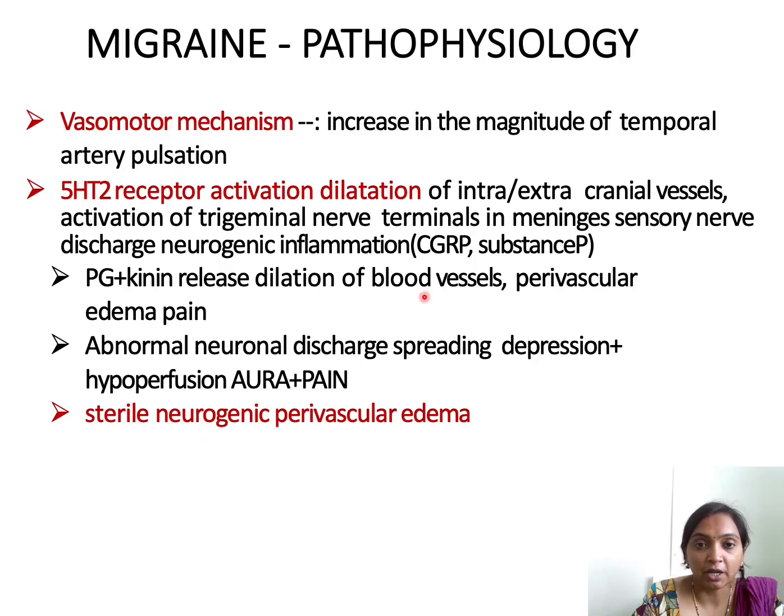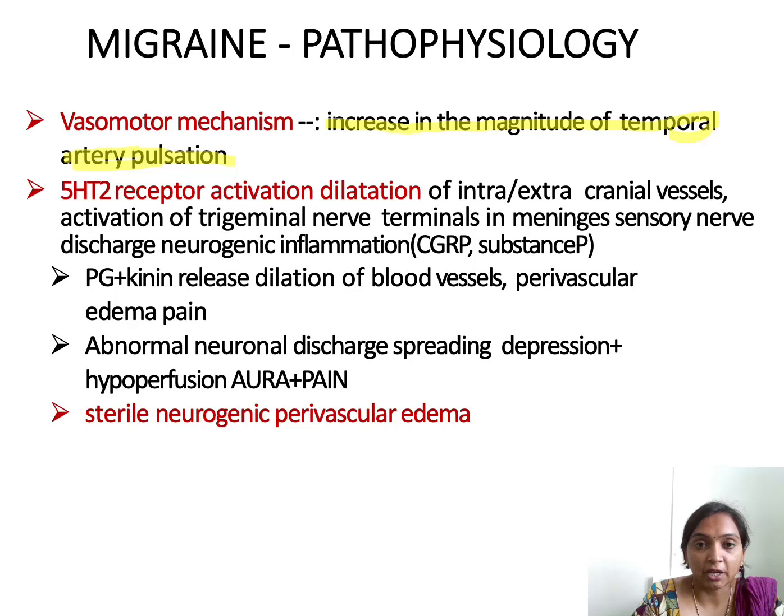So what is the pathology of migraine? We don't know the exact pathology, but various theories have described a few changes which are seen. The first one is the vasomotor mechanism. In many cases there is an increase in the magnitude of temporal arterial pulsation during the attack, and there is vasodilation.